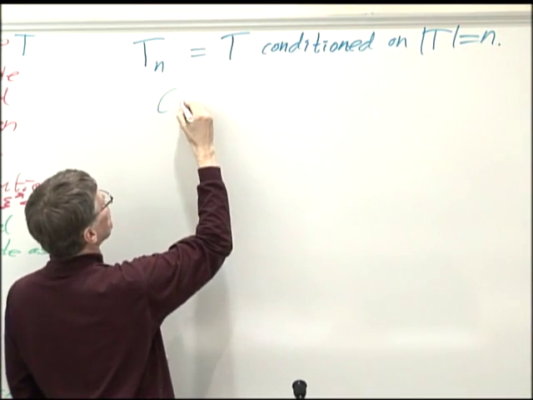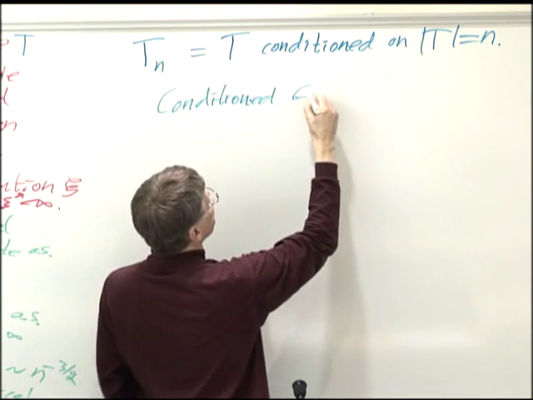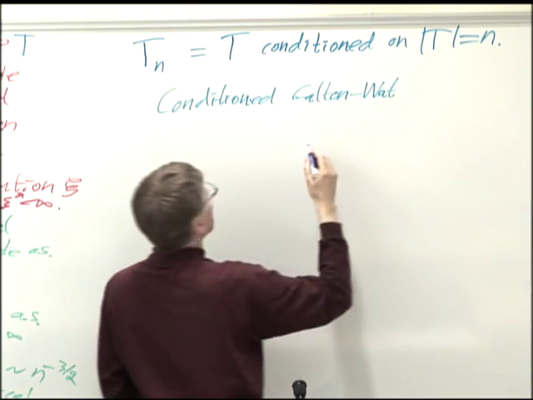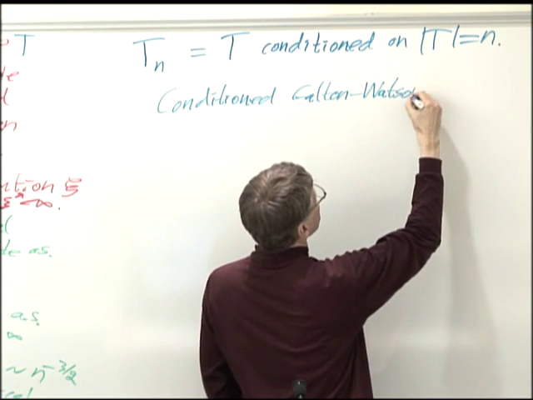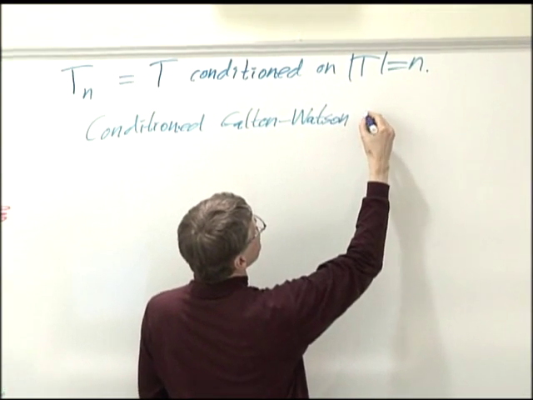So this is what we call a conditioned Galton-Watson tree. A little liberty in notation, since of course you can consider Galton-Watson trees conditioned in other ways too, but this is what I'm going to talk about.